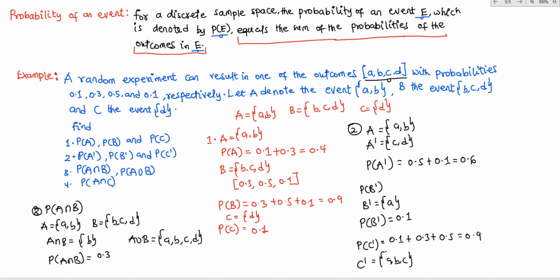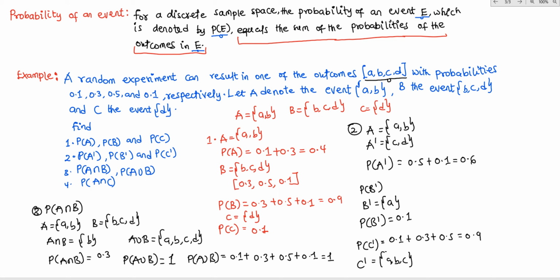So when you're computing the probability of A union B, since it is basically the sample space, we are expecting to get 1. Let's do the calculation and confirm this. The probability of A union B is equal to the probability of outcome A, which is 0.1, plus B, which is 0.3, plus C, which is 0.5, plus D, which is 0.1. This will give us a value of 1. So the probability of A union B would be 1.